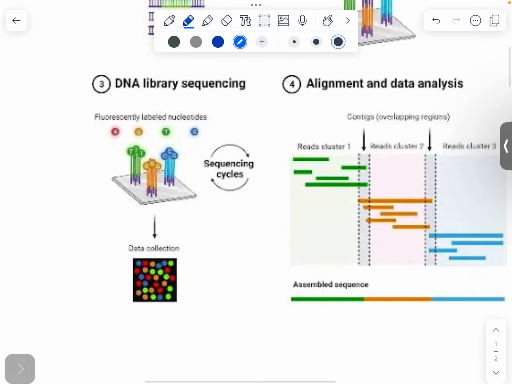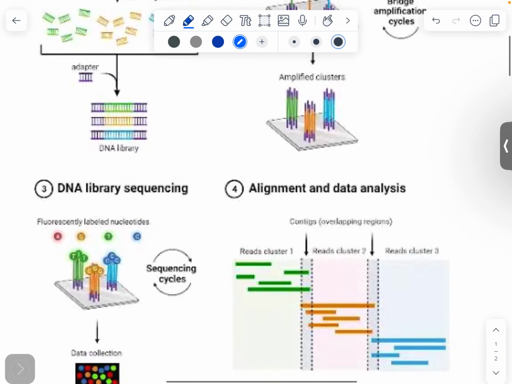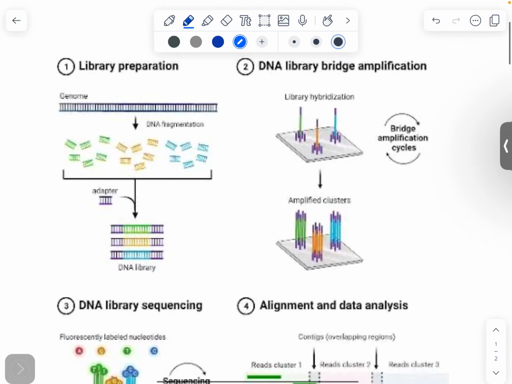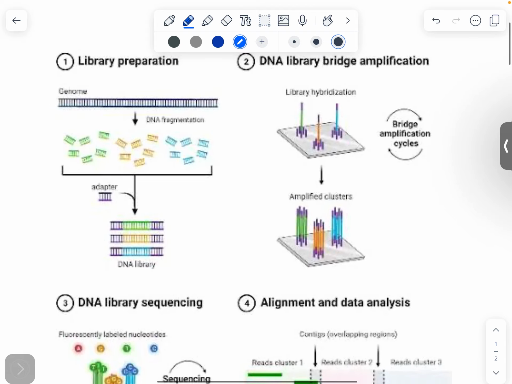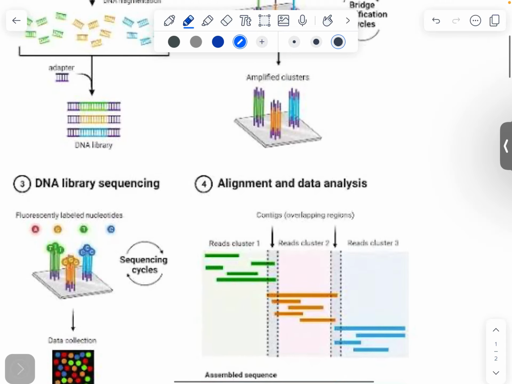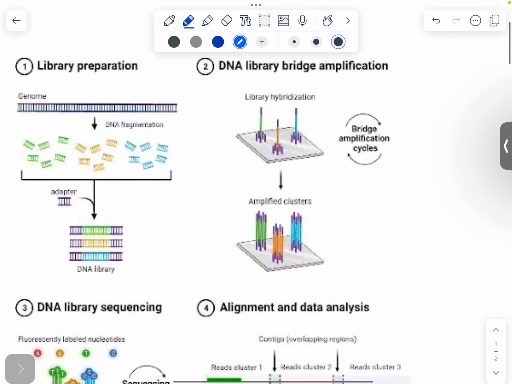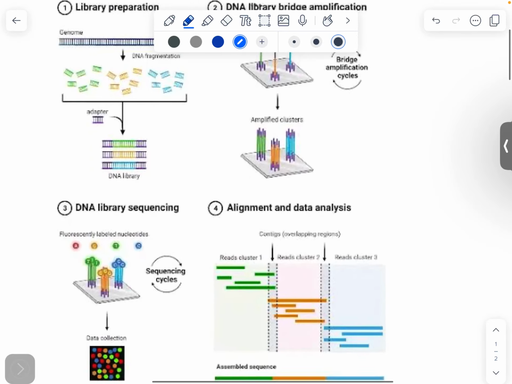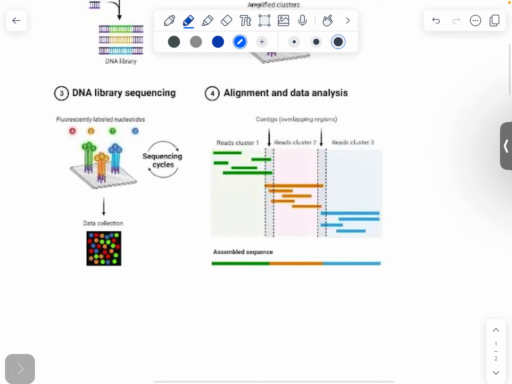Okay, this is the first step. After this, the sample which has these small fragments is loaded onto the machine, which then performs the second step.